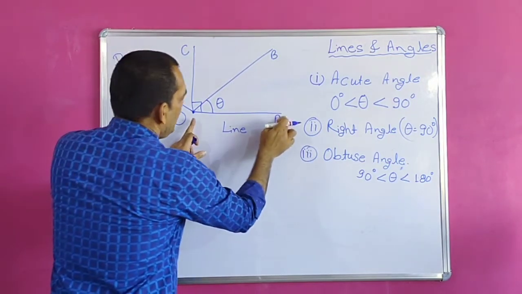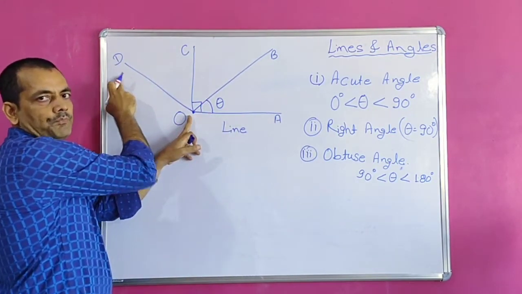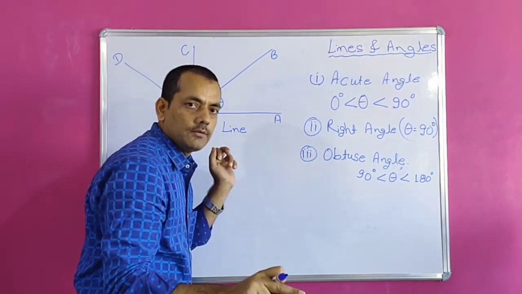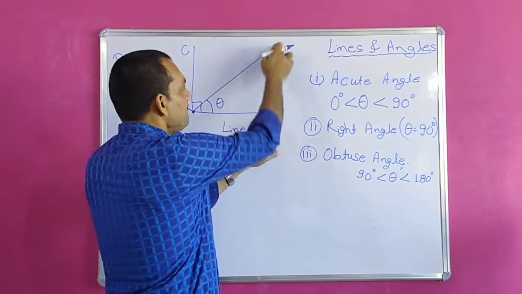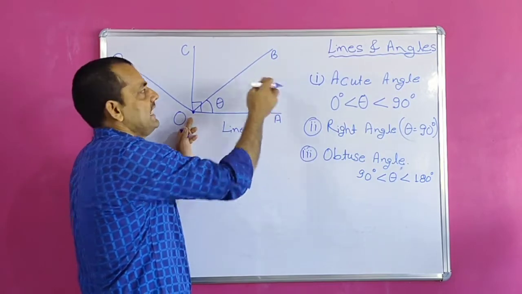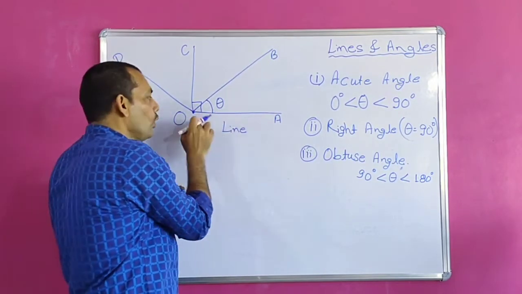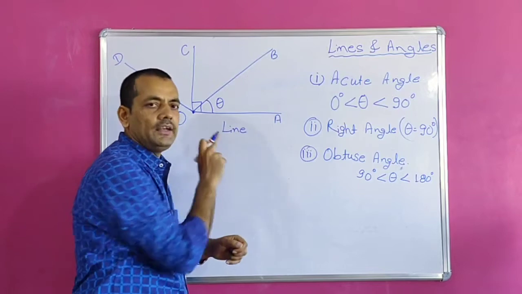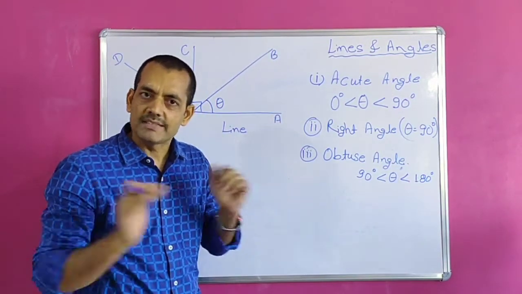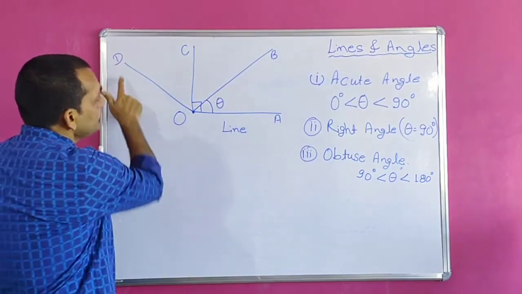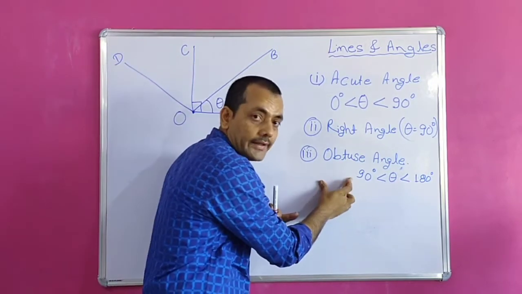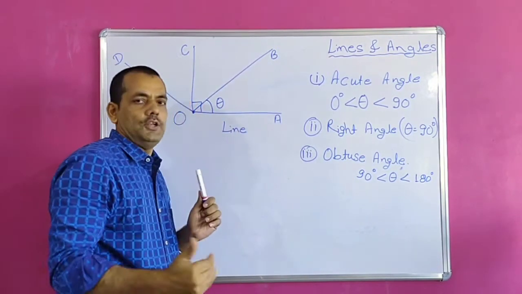So angle AOB: whenever we denote an angle, the common point is in between. We will never say angle ABO. In this case, angle AOB, or we can say BOA. In an angle, the common point is placed in between, and the other two points are on its sides. So in this case, angle AOB is an obtuse angle, more than 90, less than 180.